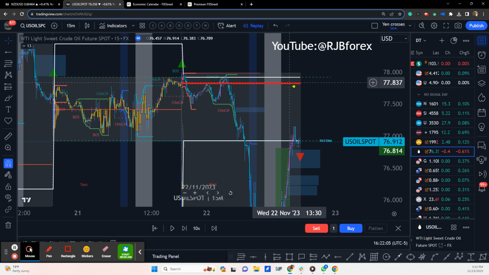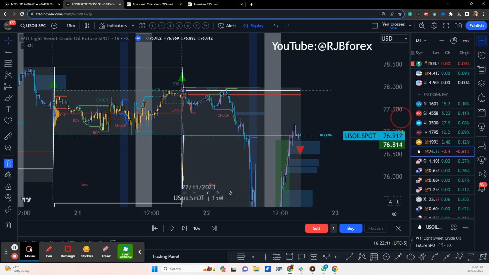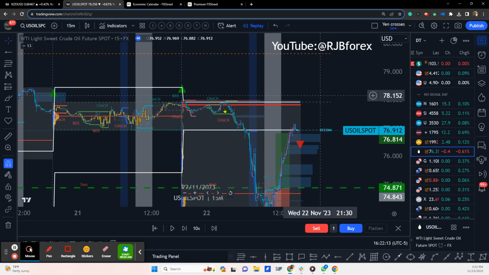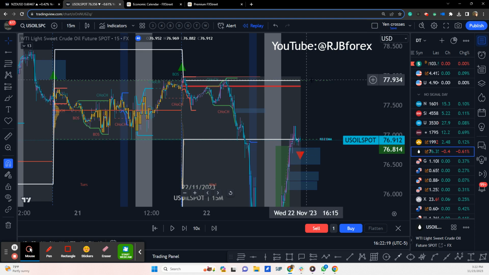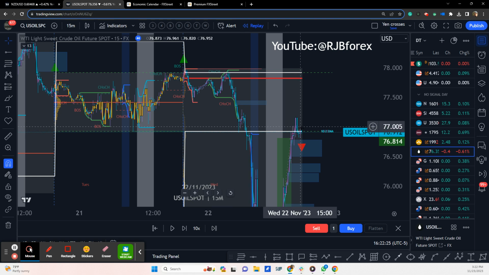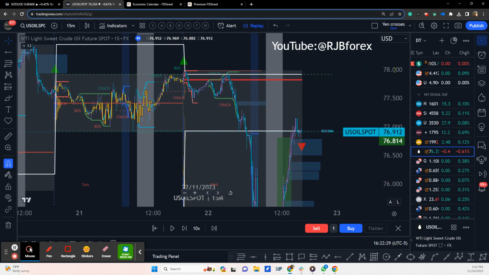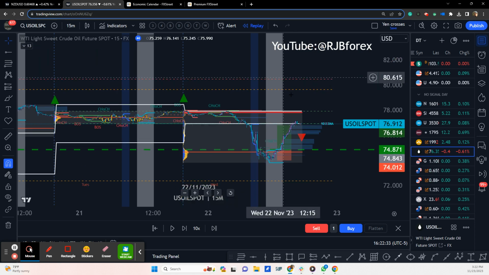These come on automatically when I put on my selected template. I've also got yesterday's high as the white line, extends into a green dotted line. I've also got yesterday's low, white line, extends into the green dotted line. Okay? So those are predominantly my key levels.